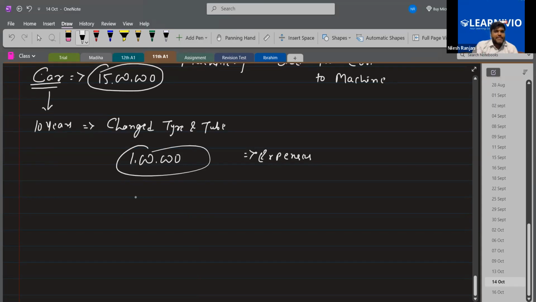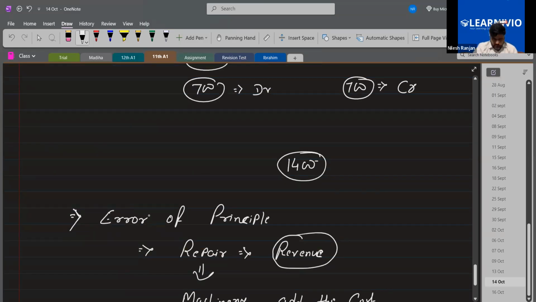Okay. So this is called error of principle. There are certain other things, like when we sell goods, it should be treated as sales, because selling goods is written as sales. But when you sell furniture or any other assets, then it should be written as the asset name, not sales. I just told you in the subsidiary books chapter, on the purchase book and sales book, that the sale or purchase of an asset will be written as the asset name, not purchase or sale.